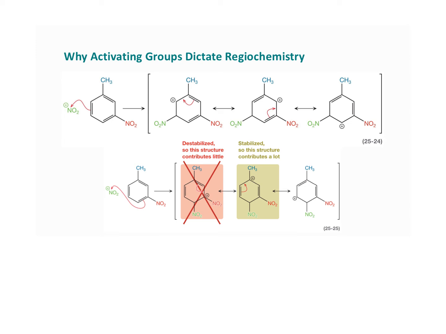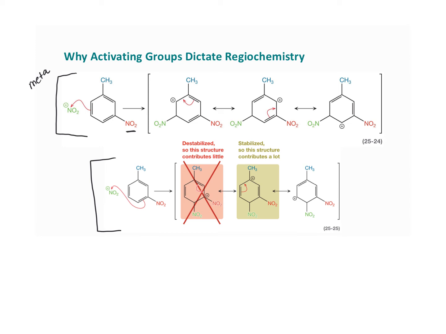I want to point out here that this top group right here, that NO2 is being added in the meta position, right? So that's being added in the meta position to the CH3 as well as the NO2. So if the NO2 here in red, we're directing it, it would add meta.